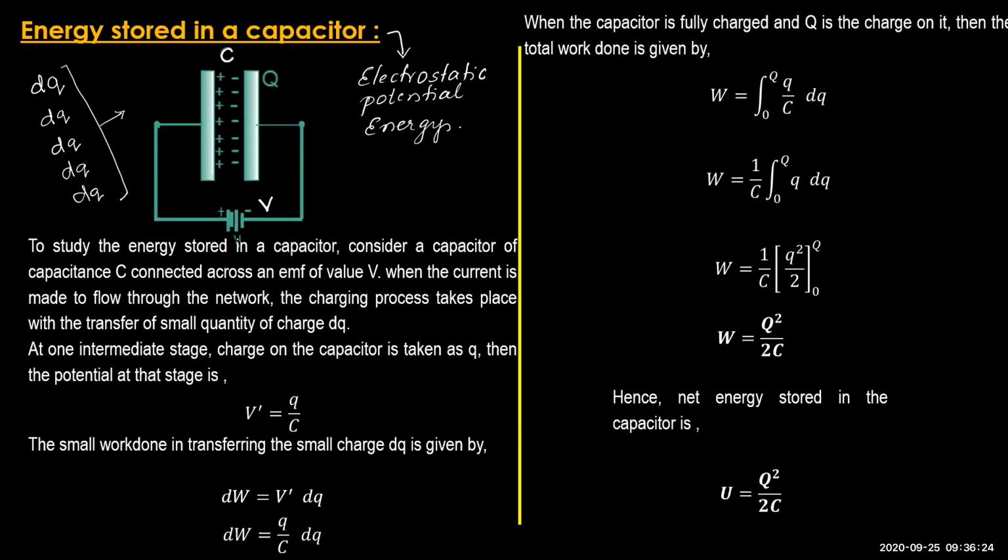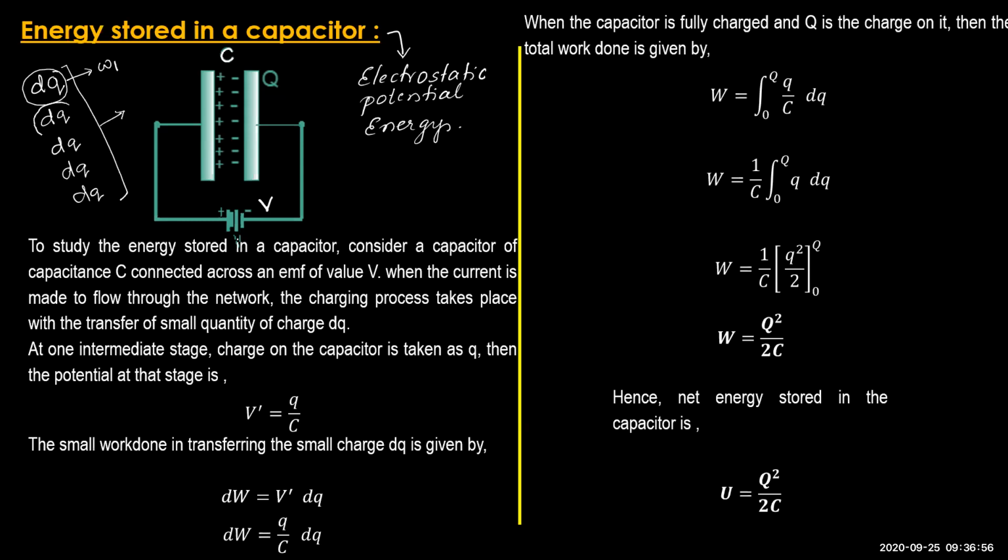We know that this electrostatic potential energy is nothing but the amount of work done in storing the charges. So we have to calculate the amount of work done in storing the charge of amount dq, say W1.